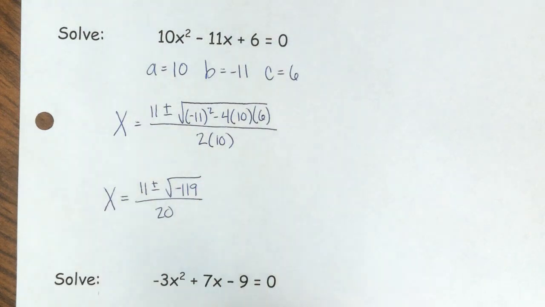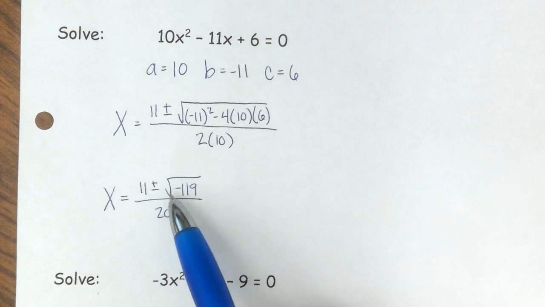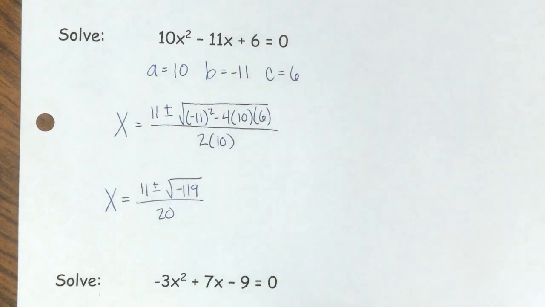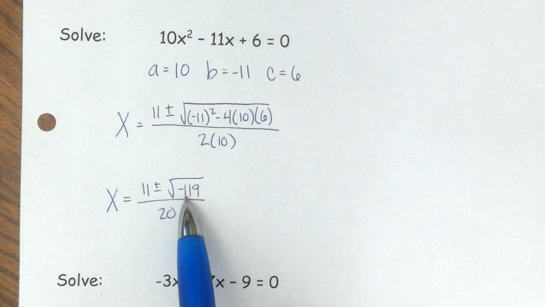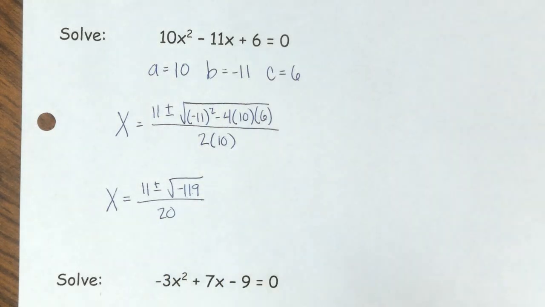Okay, so you should have gotten here and realized your calculator does not do the square root of negative 119. Well, we just learned that yesterday or 2 days ago. So you just learned what the square root of a negative number is, and that is i.